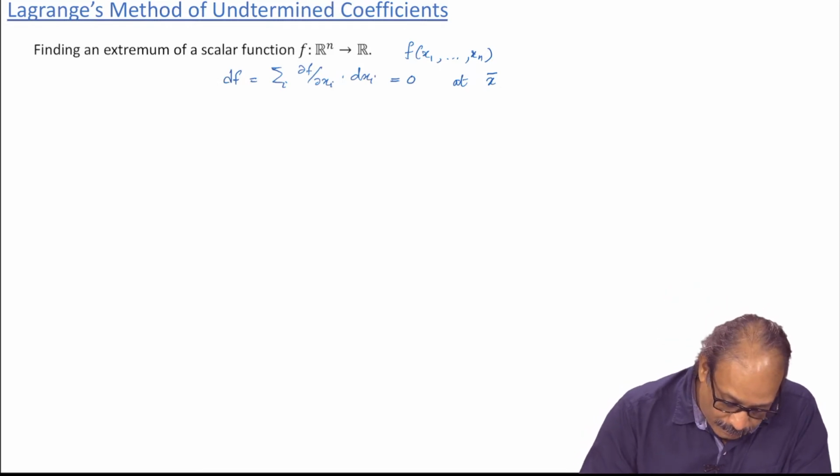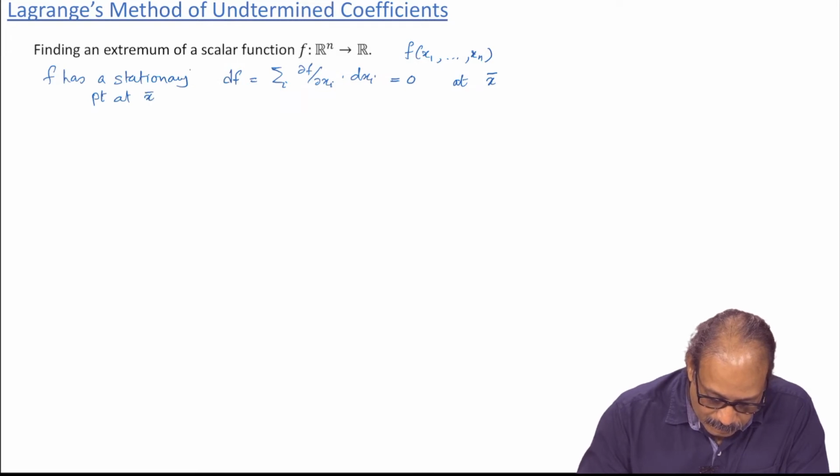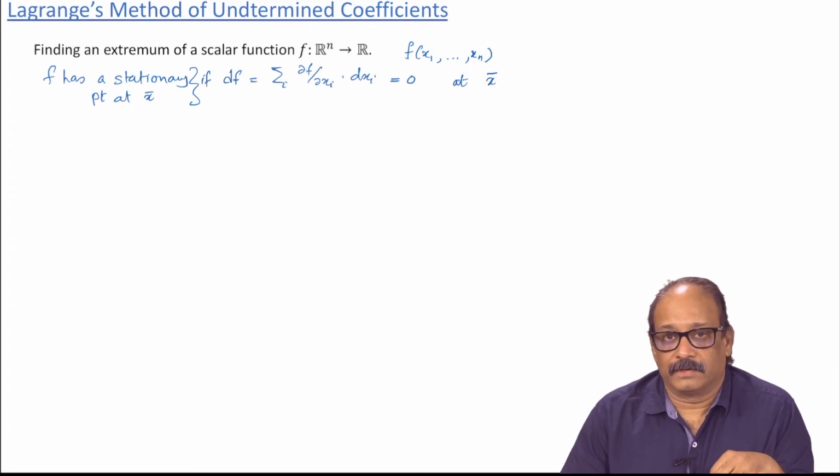Okay. So, f has a stationary point at x bar if df is equal to 0.